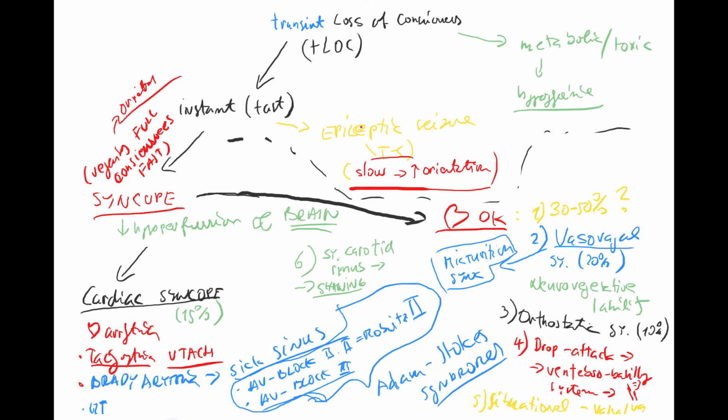But over here again, remember, these are the examples of transient loss of consciousness. All of these are sort of fine. It's just a reflex or something like by a trigger. This is the most dangerous. If someone has arrhythmia, he can die, okay? So watch out for the syncopes due to heart, so cardiac syncopes, yeah?